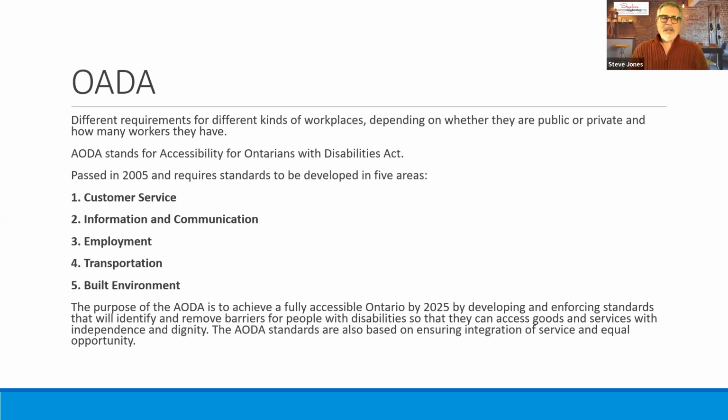We need to make sure that everybody who works in your organization understands how to communicate with, provide information to, and make information available publicly on your websites, tell people what language to use, and teach people how to deal with people with disabilities. And then we needed to introduce information and communication, so it's creating documents and creating training programs.